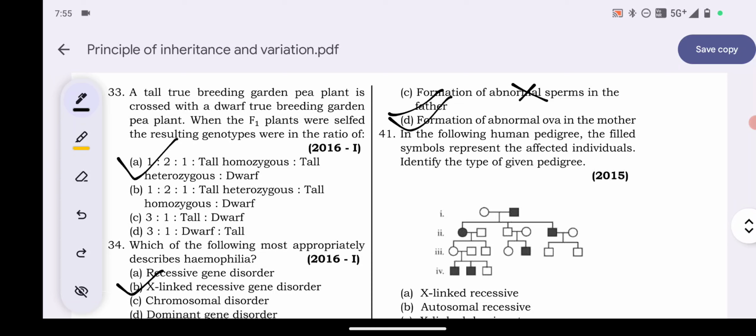So option D is correct. Formation of abnormal ova in the mother. Abnormal ova are formed in the mother's ovary due to non-disjunction of the X chromosome in the mother's body, which results in the 3 X chromosomes found.